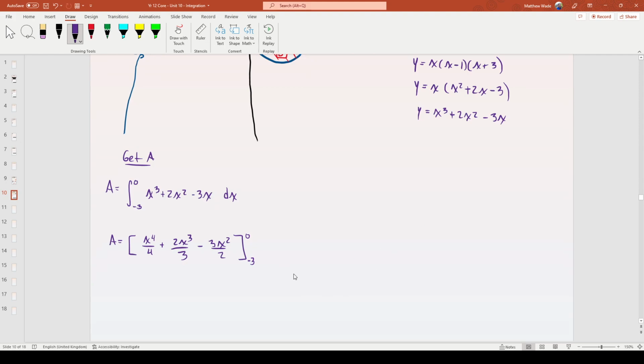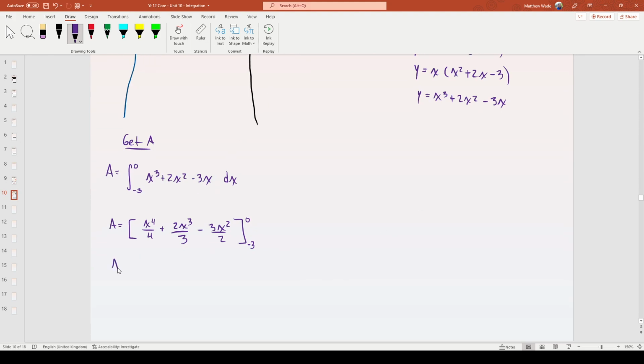Now, here we go, let's keep going, let's get our circle brackets in, A equals, the first one's easy, because putting 0 in just makes them all 0, 0 plus 0 take 0, take away, open second circle bracket, which should be taller than that. Oops. Open second circle bracket, and you're going to have this. You're going to have -3 to the 4 over 4 plus 2 lots of -3 cubed over 3 minus 3, they're long a little bit, aren't they? -3 squared over 2, close bracket, A equals.